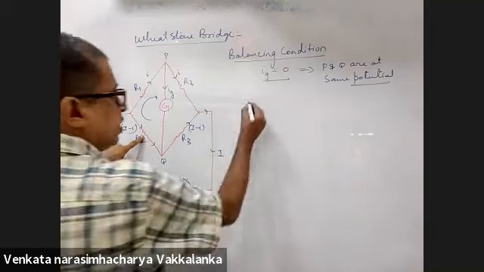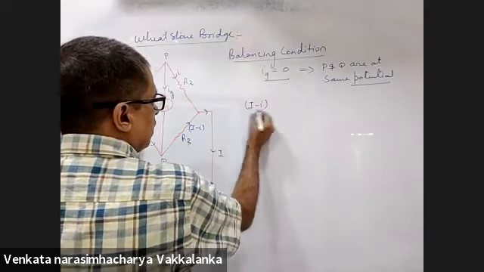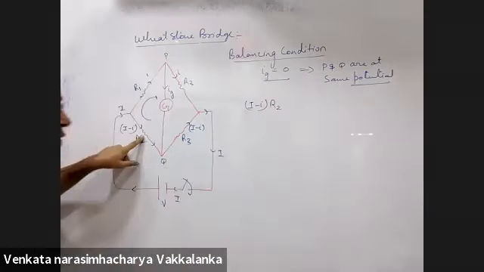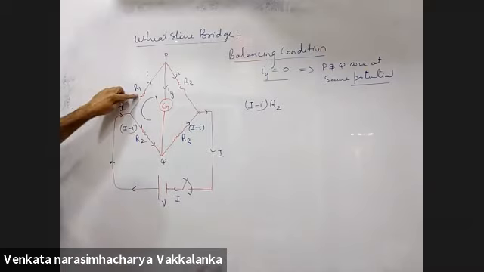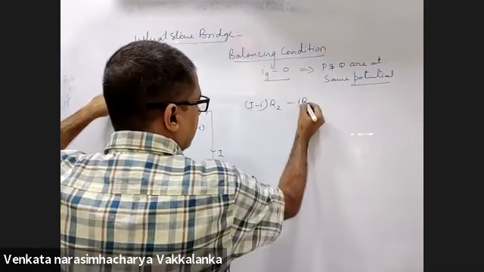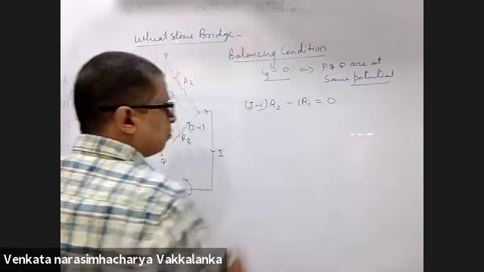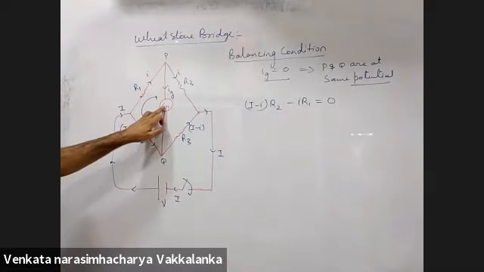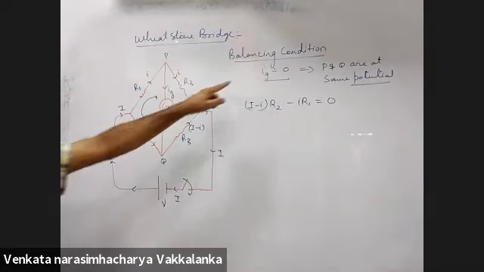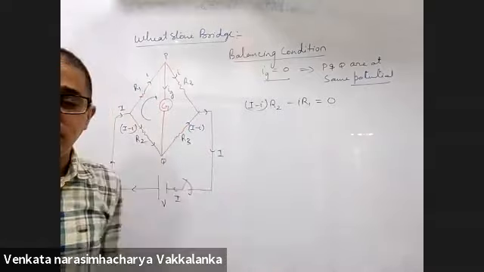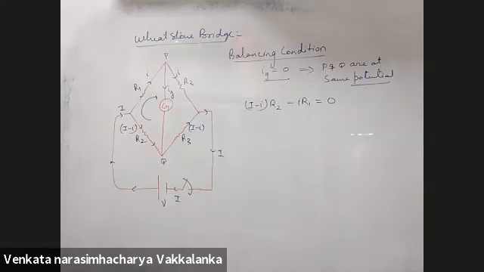Opposite to the direction of current, I minus i into R2. In the direction of current, i into R1, sum total will be zero as there is no current in this branch. You are finding out the condition for no current in the branch with the galvanometer.